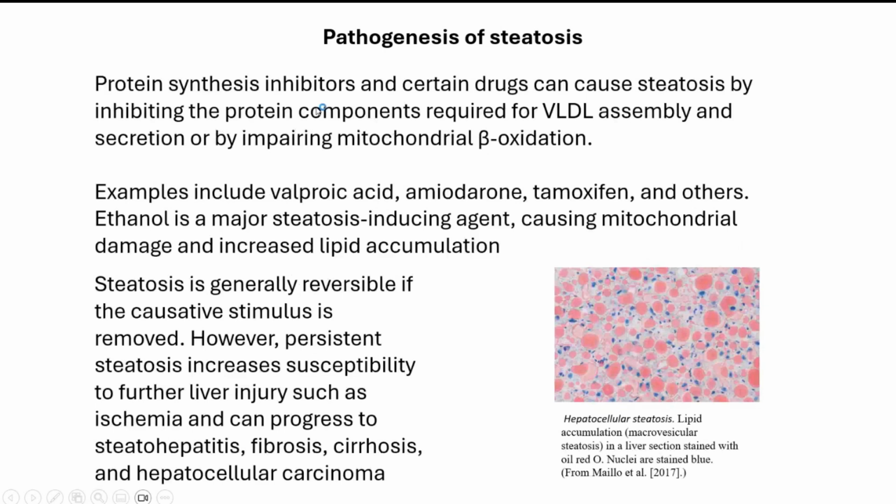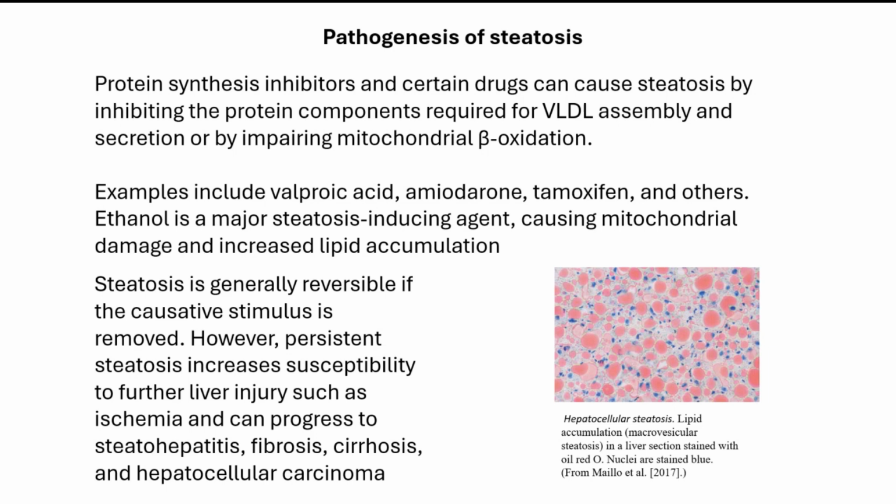Protein synthesis inhibitors and certain drugs can cause steatosis by inhibiting the proteins required for VLDL assembly and secretion, or by impairing mitochondrial beta oxidation. Examples include valproic acid, amiodarone, tamoxifen, and others. Ethanol is a major steatosis-inducing agent, causing mitochondrial damage and increased lipid accumulation.